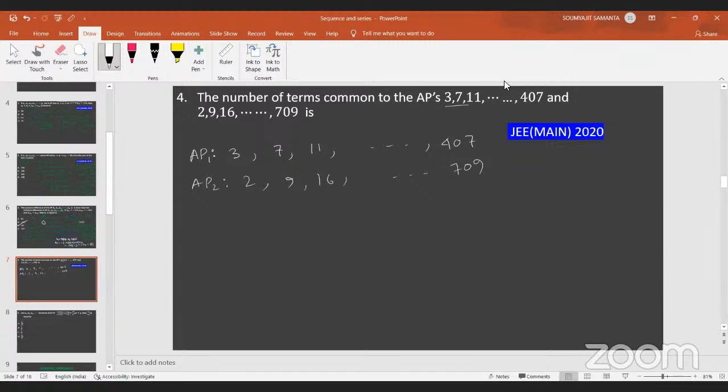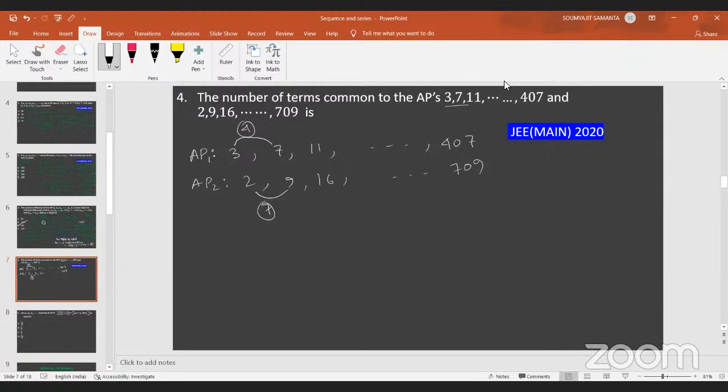To solve this kind of problem, what do we need to do? We'll first see the common difference of each AP, which is 4 and 7. And then find the first common term of the two APs.